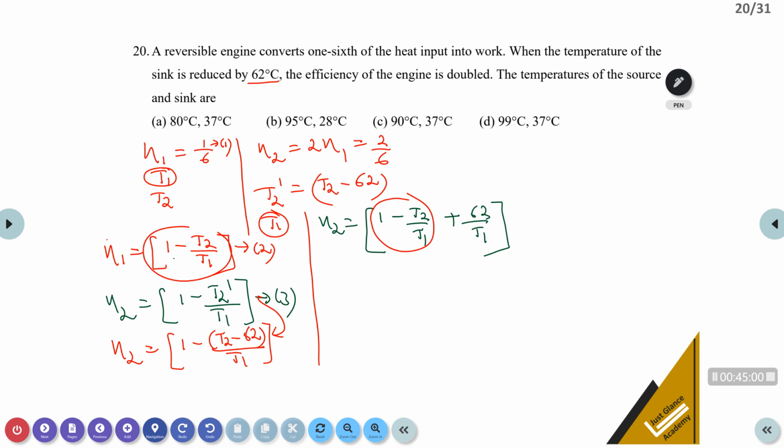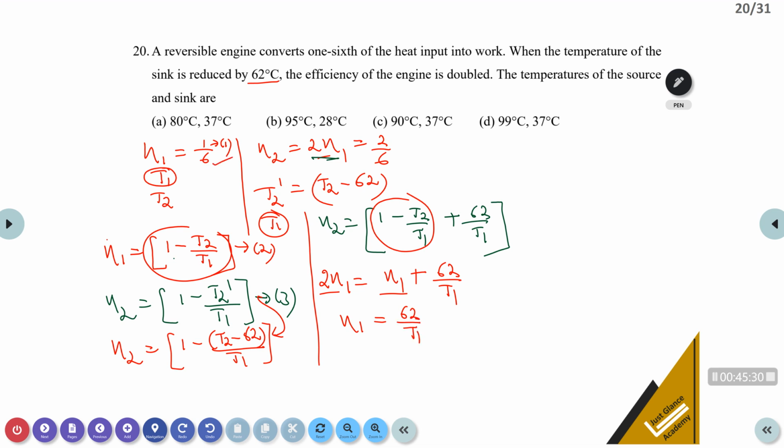So eta 2 equal to 2 eta 1, that is 2 eta 1 equal to eta 1 plus 62 divided by T1. I hope that you understood this, because efficiency the second time is doubled here. So subtract this one, eta 1 equal to 62 by T1.